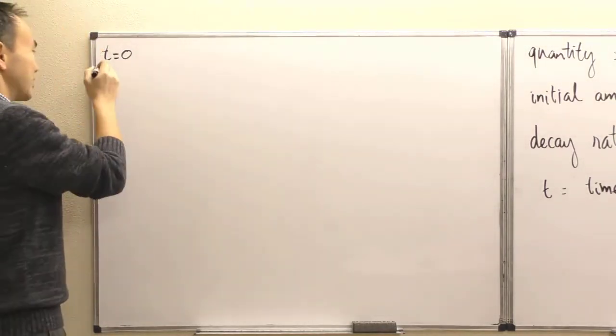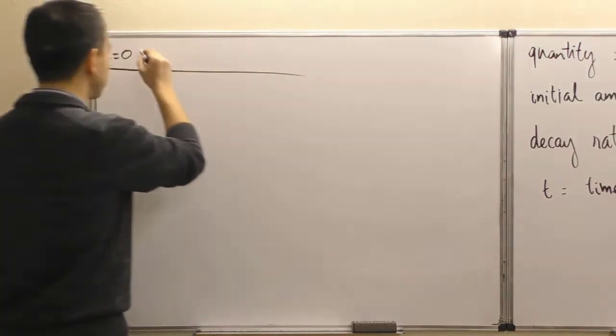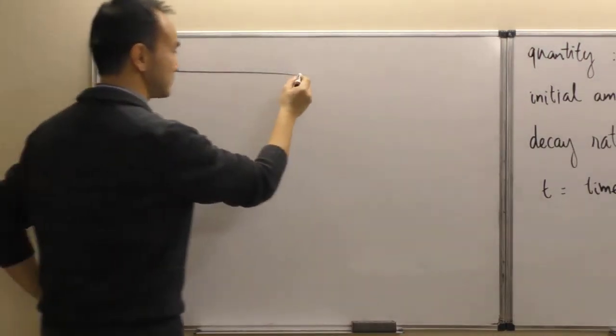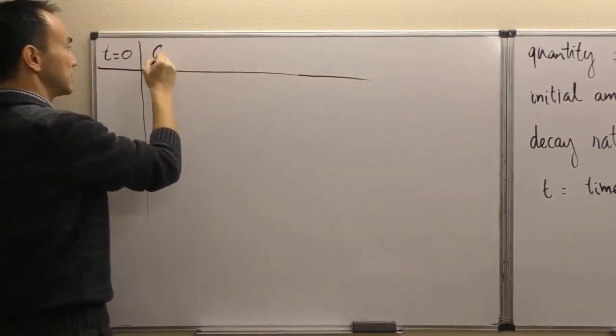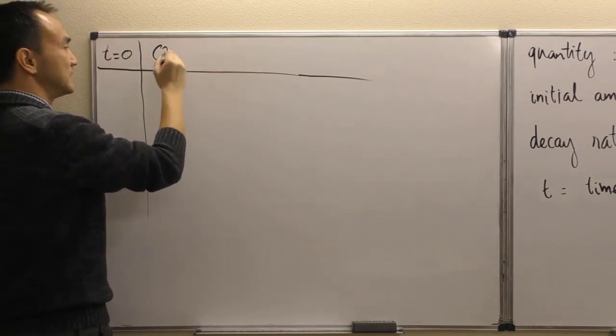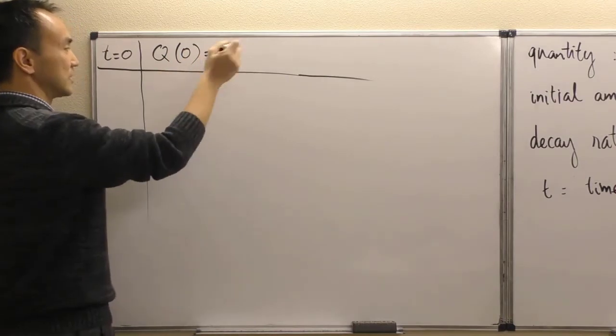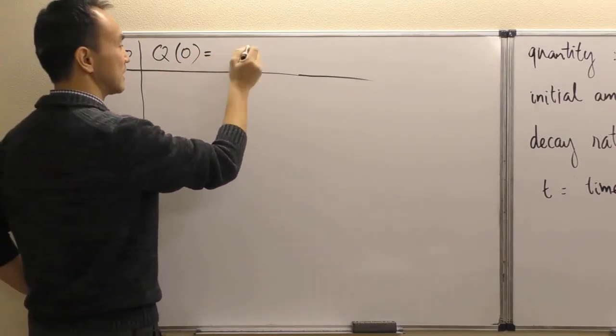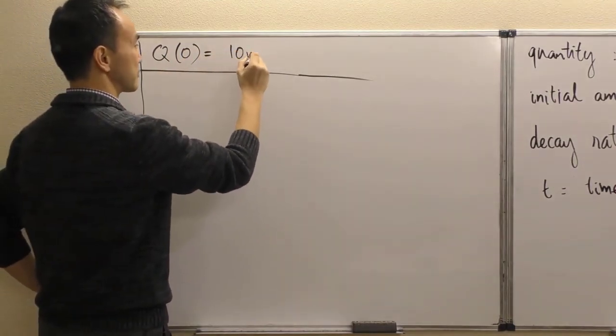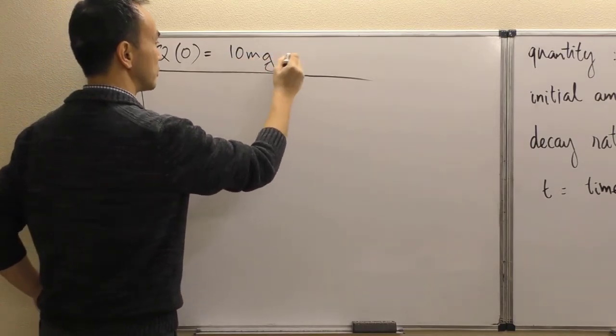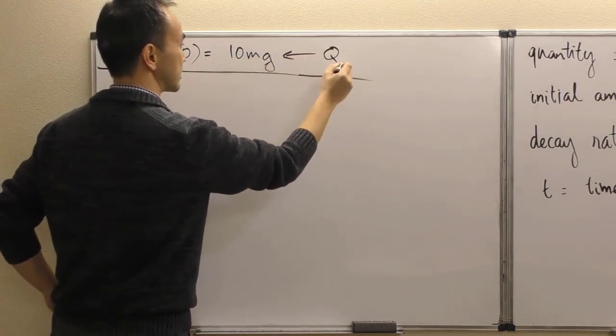When time equals 0, our quantity is Q of 0, and this is exactly 10 milligrams.